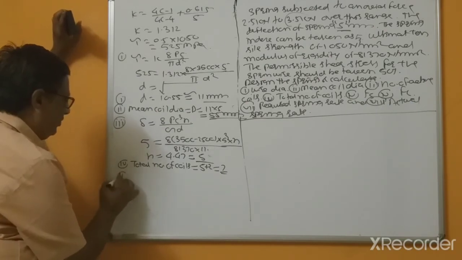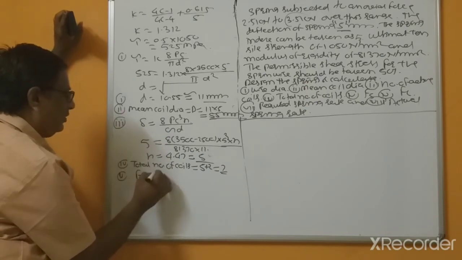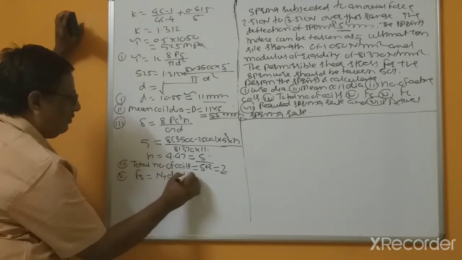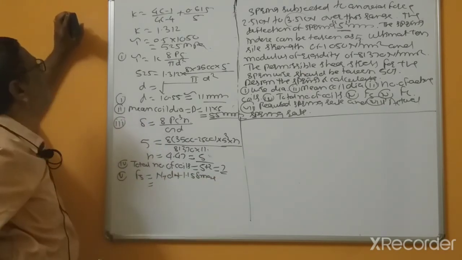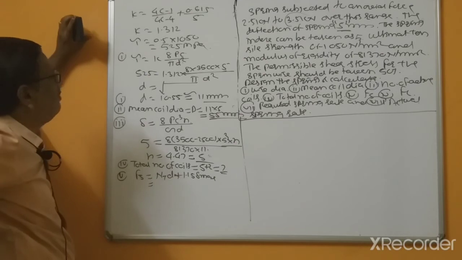Free length, no, solid length equal to formula nt into d plus 1.15 delta max. Delta max equal to, so we don't know what is delta max.